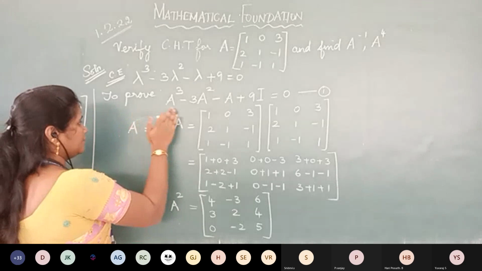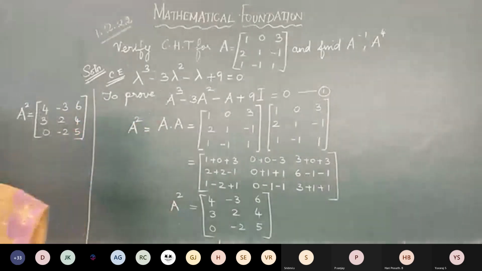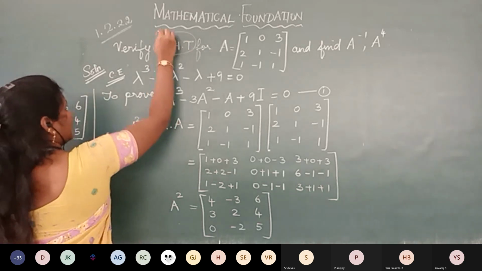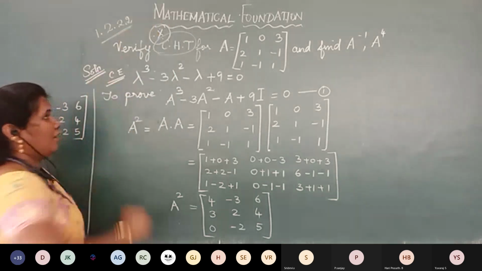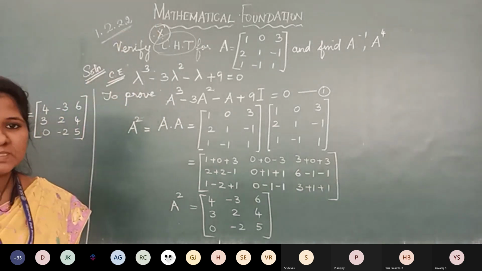Have you all finished writing? Just write quickly. If you've got any doubts, ask me. The Cayley-Hamilton theorem is very, very important. I'm telling it any number of times. So if you've got any doubts, please ask me.